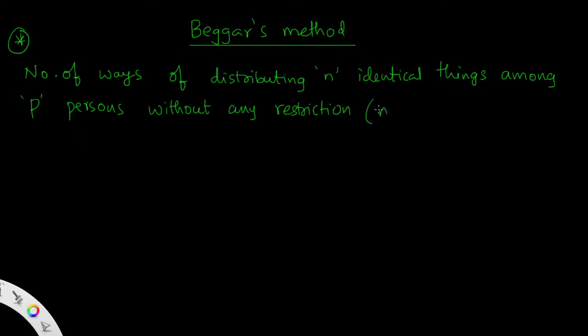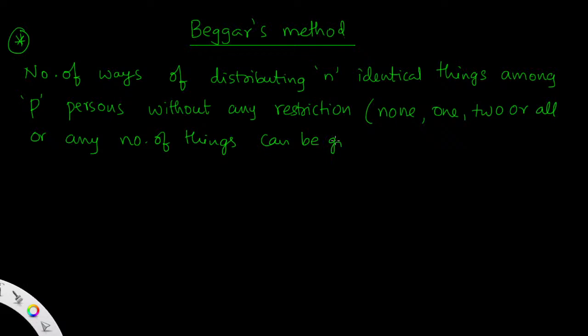That means it can be given as none, or one, or two, or all, or any number of things can be given to one person. That is n plus p minus 1 C p minus 1.